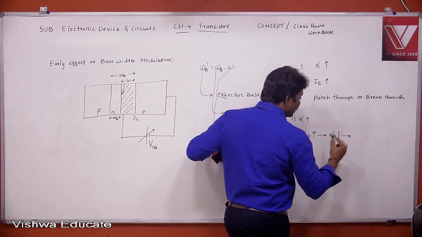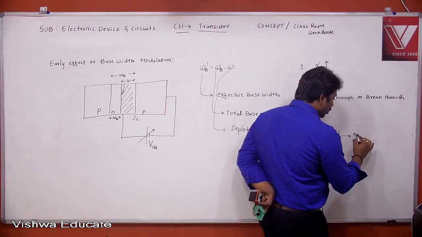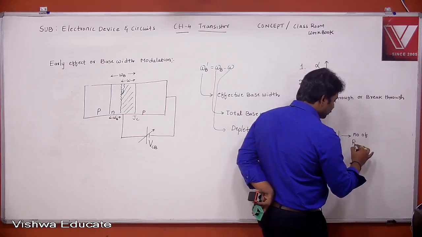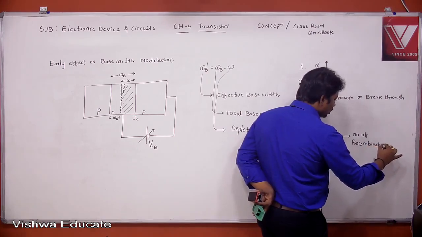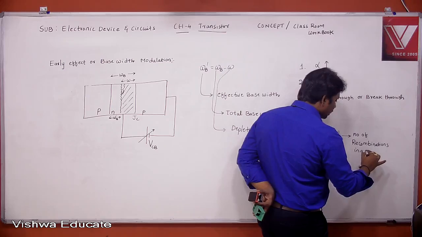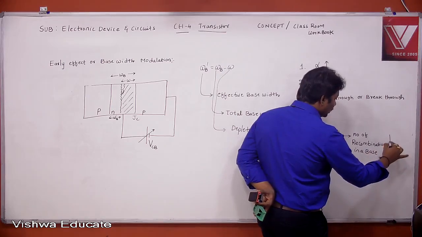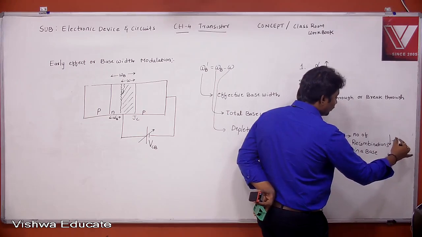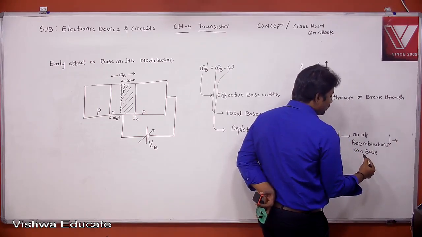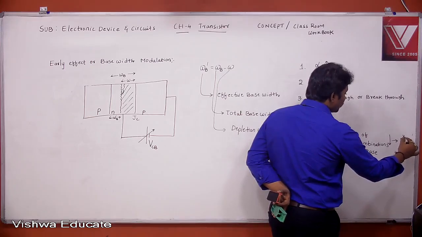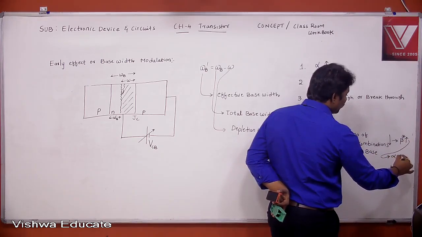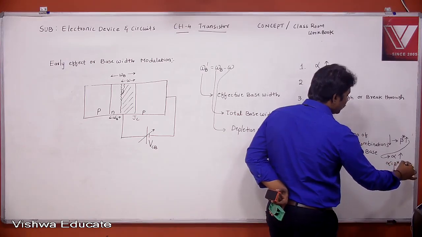If the base width decreases, the number of recombinations within the base region decreases. If the number of recombinations within the base decreases, the transport factor increases. If the transport factor increases, alpha increases.